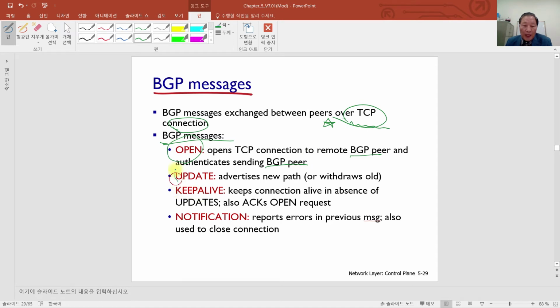Update message is for advertising new paths, or sometimes withdrawing old ones. Keepalive keeps the connection alive in the absence of updates, and also acknowledges the open request. Another message, notification, is mainly for reporting errors in the previous message, and is also used to close the connection.